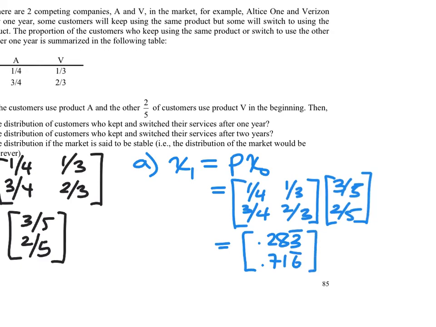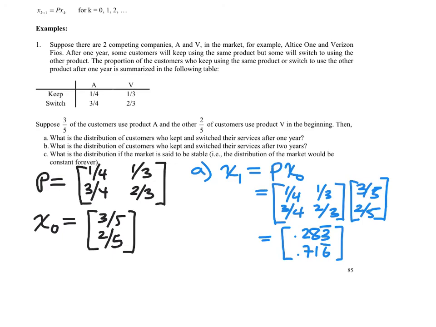All right. So the way the vectors are set up, it's keep then switch. Again, keep and switch, it's relative to where you started. So we have an increase in folks that are keeping their service, and we have a decrease in those that are switching, at least after 1 year.